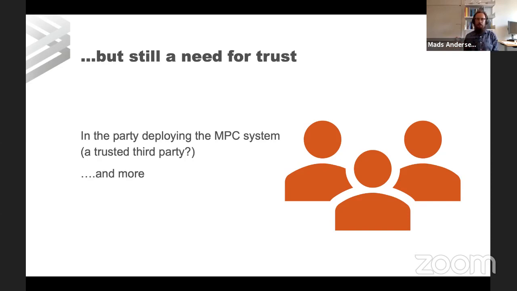They started talking a lot about who is running the system. Are you running the system? Is the insurance company running the system? Who's actually running it? In MPC it's of course run in different places, but at some point somebody sat down and implemented the system, and they really wanted to know who's accountable for the guarantees that we presented to them.